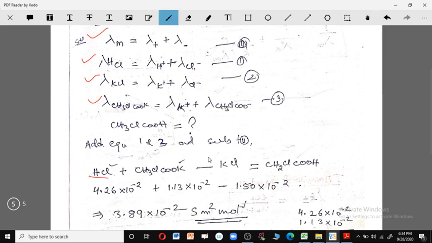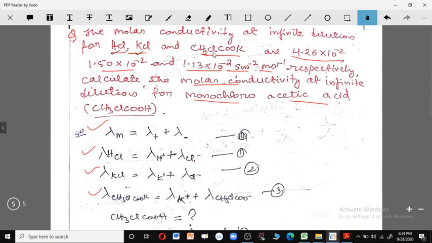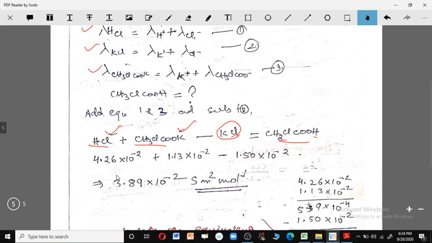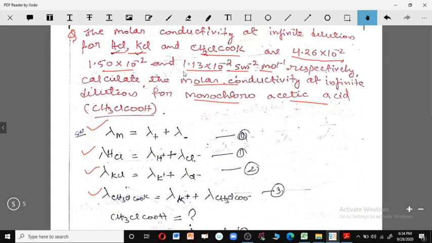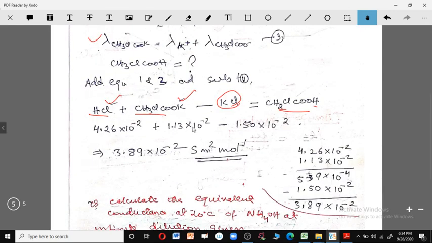If you add HCl with the monochloroacetate salt and subtract potassium chloride, you will get CH2ClCOOH. You simply add the values. HCl is 4.26 into 10 raised to the power 2, the monochloroacetate is 1.13 into 10 raised to the power 2, minus KCl, 1.50 into 10 raised to the power 2.